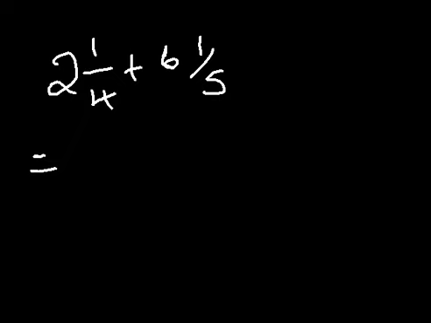And how do we convert the mixed fractions to improper fractions? What we do is multiply the denominator and the whole number, and add the numerator. So we have 4 times 2, that is 8, and 8 plus 1 is 9. So we have 9 divided by 4, and plus 5 times 6, that is 30, and 30 plus 1 is 31, divided by 5.